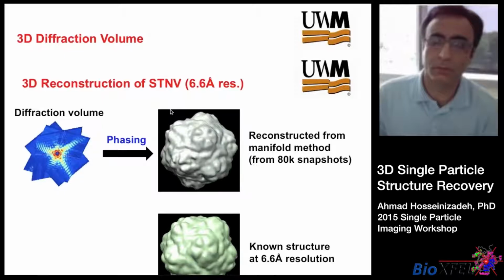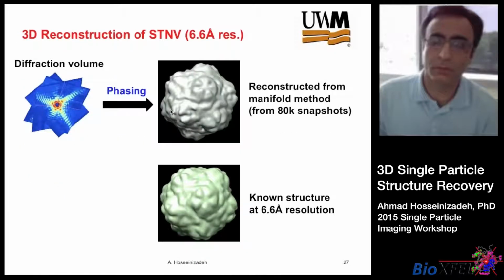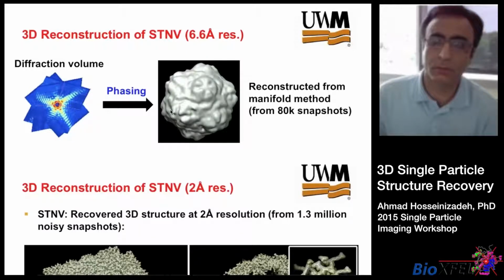But we didn't stop here. We also used 100 resolution elements in the wires, and we were able to find even the atomic resolution of these wires using 1.3 million diffraction data. Sorry, 100 resolution elements; 200 was just the size of the diameter of the object.